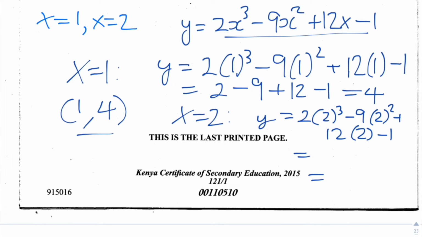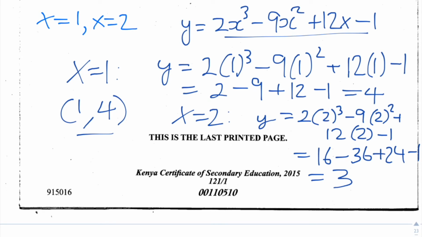So we have 2 times 2 cubed, so that's 2 times 8, which is 16, minus 9 times 2 squared, so that's minus 9 times 4, which is minus 36, plus 12 times 2, which is 24, minus 1. So 16 minus 36 is minus 20, minus 20 plus 24 is plus 4, plus 4 minus 1 is 3, so we get 3 here.